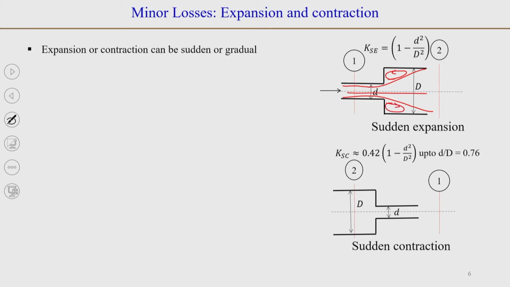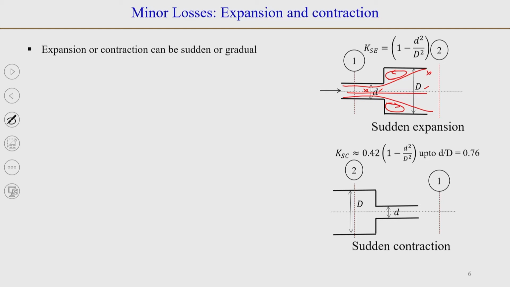flow separation happening in this region, because as the area of flow increases, the diameter has increased, and as a result the velocity will decrease. When the velocity decreases, the pressure at this point will become higher than pressure at this point. So, you will have adverse pressure gradient, and that may cause flow separation.